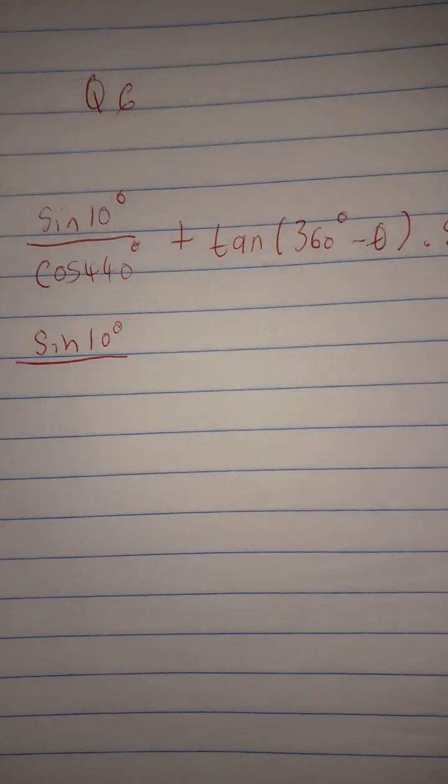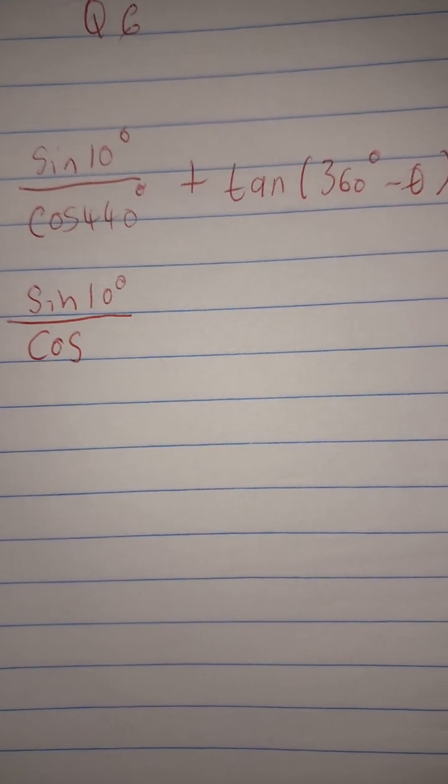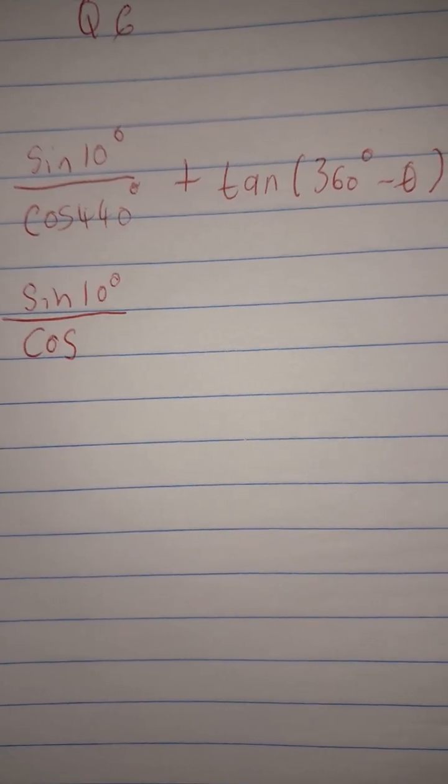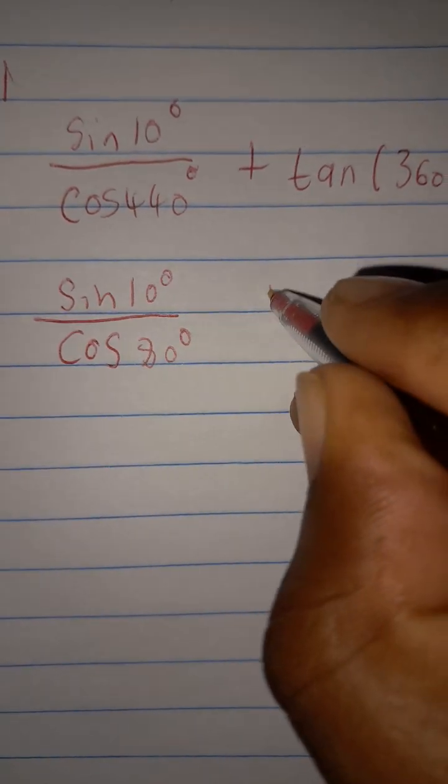Let's start by changing cos 440. When you say 440 minus 360, you are going to have 80. So this will be 360 plus 80, which is 440. How is cos of 360 plus 80? It's in the first quadrant, so cos will be positive. So you're going to have cos 80 degrees.